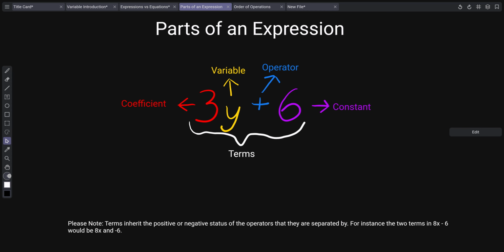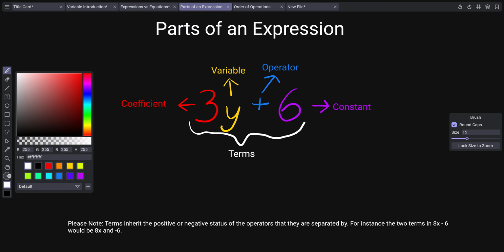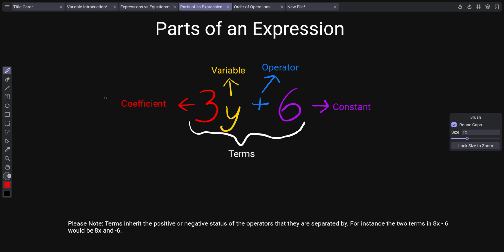So, here you can see the parts of an expression. I did my best to color this for you so that you could see very clearly what the parts are. So the 3 here, the 3 in red, this can be thought of as the coefficient.